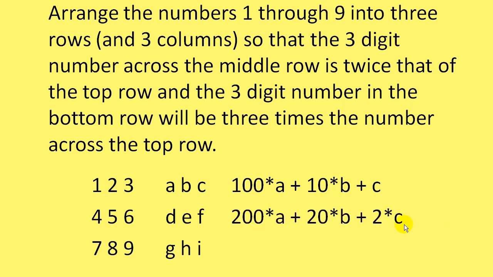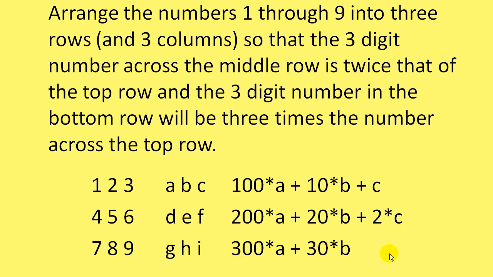The next row, of course, D, E, and F, is going to be, again, the hundreds place, the tens place, and the ones place. And we're going to compare that back to the first row. We want it to be twice the first row. So if we multiply each of these times 2, we're going to be comparing 200 times A, 20 times B, and 2 times C to 100 times D plus 10 times E plus F. This is our comparison of twice the first row to the next row.